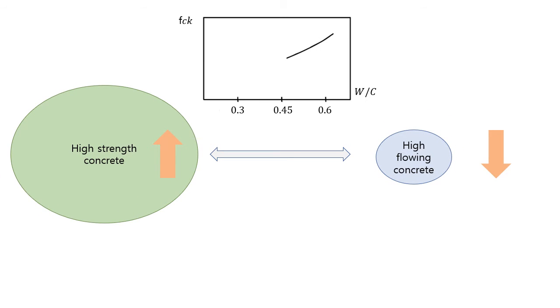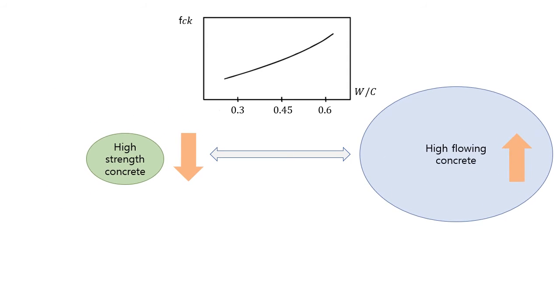If water content of concrete declines, the strength of concrete inclines, but flowability will be decreased. Conversely, when water content ratio inclines, the concrete strength declines and flowability inclines.